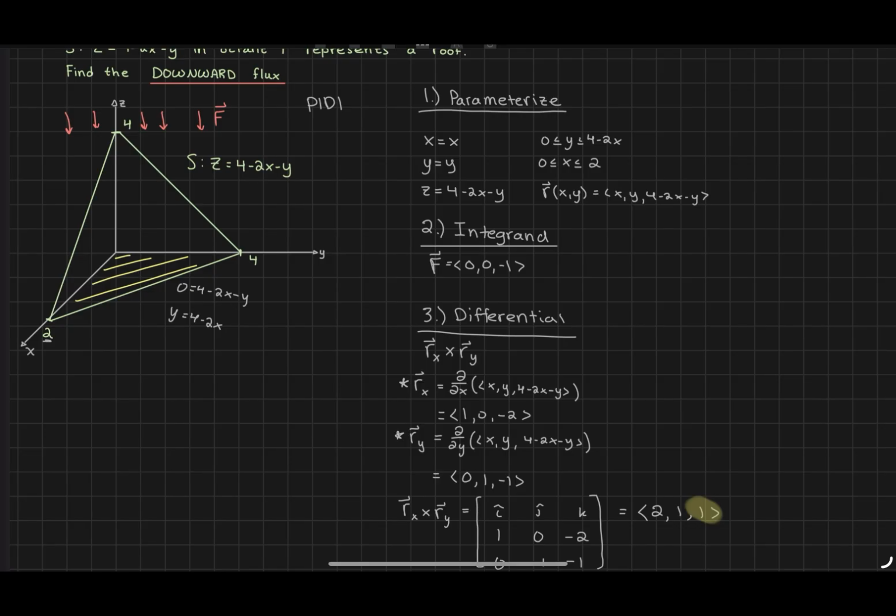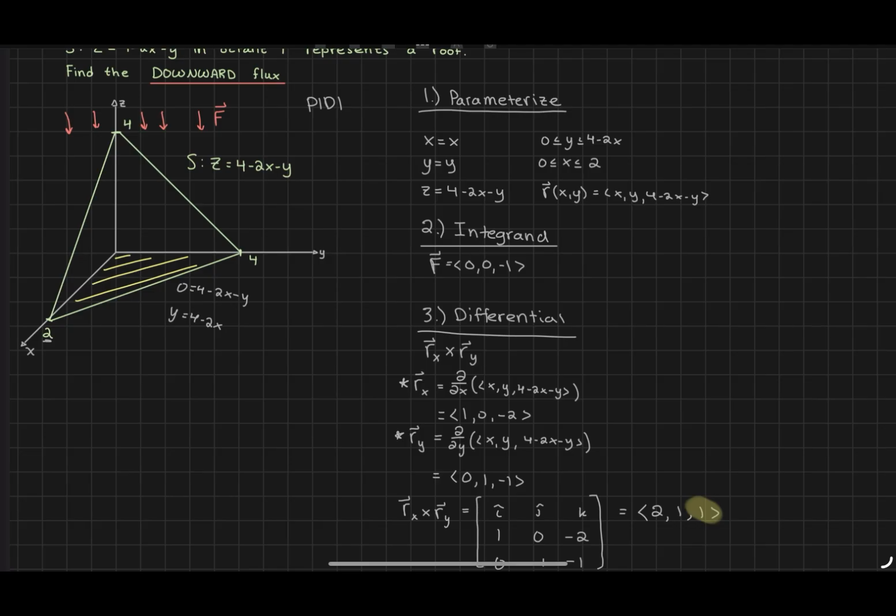So when we have a positive 1 in our z value, that's going to be our upward flux. If we were to use this r sub x cross r sub y, we would actually be calculating the upward flux of our rainfall onto our roof, meaning how much rain bounces up when it hits the roof, rather than how much rain is actually hitting our roof.